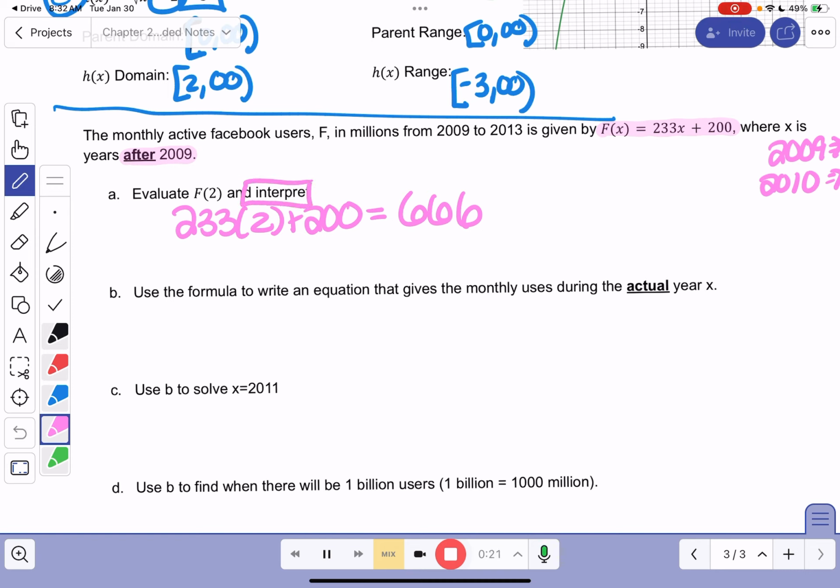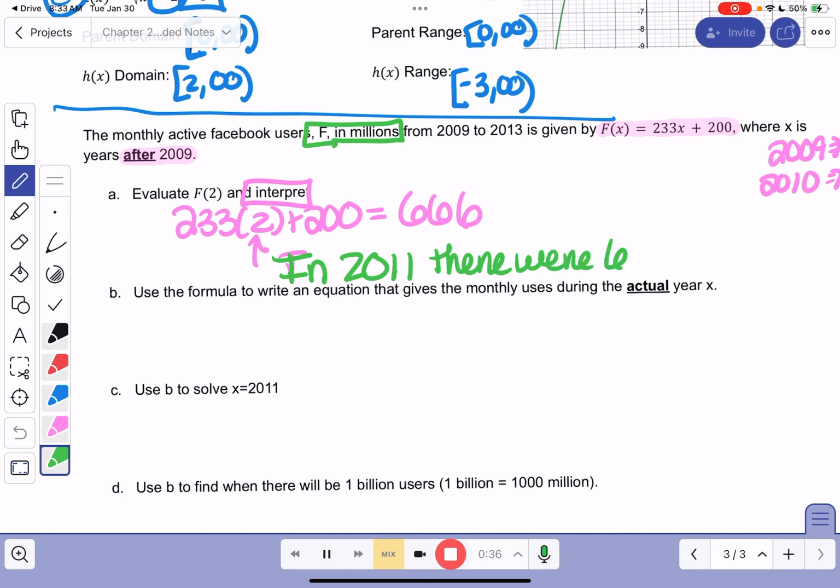So interpret: the 2 means 2 years. So 2 years after 2009 is 2011. And then F in millions is Facebook users. So there were 666 million Facebook users. That's the interpretation.